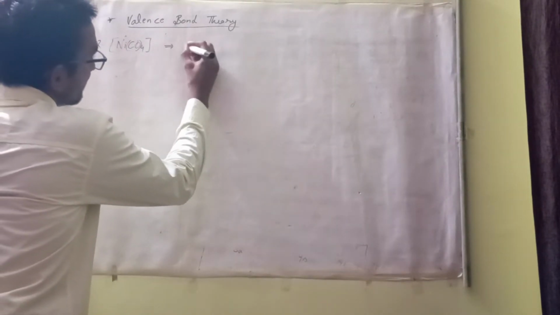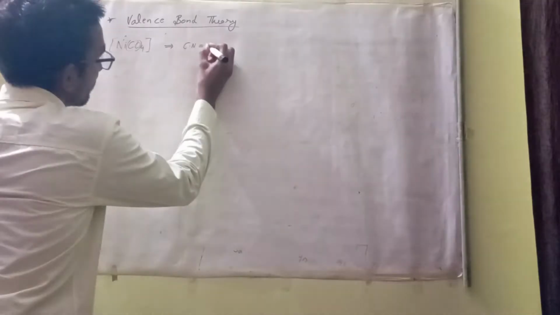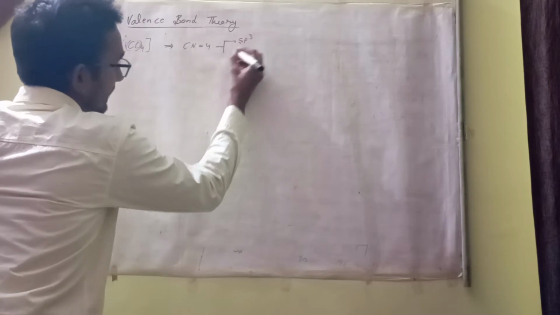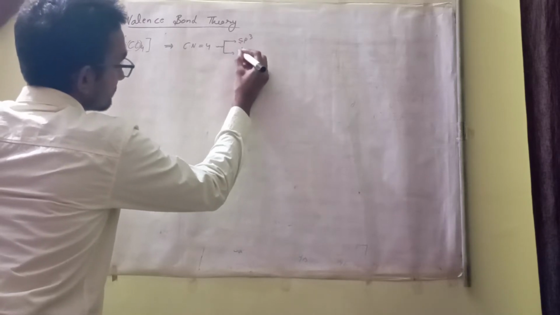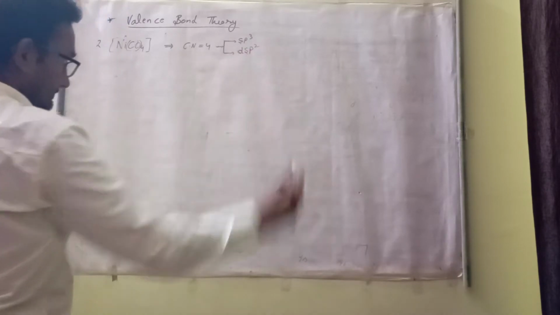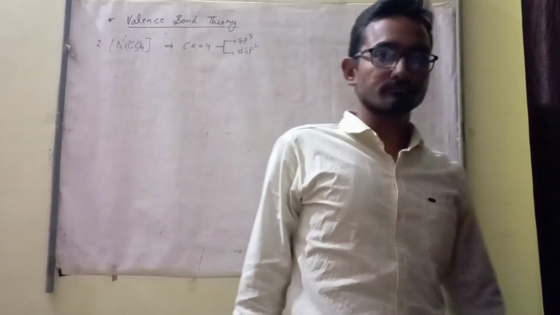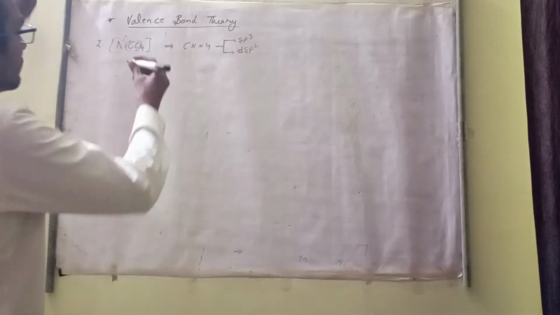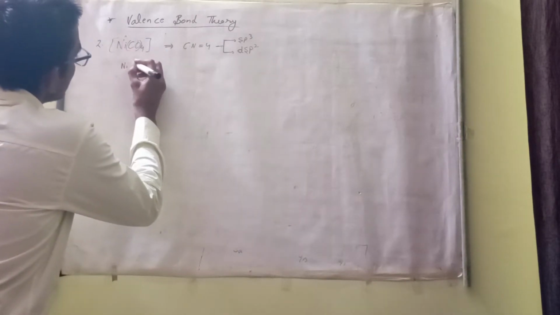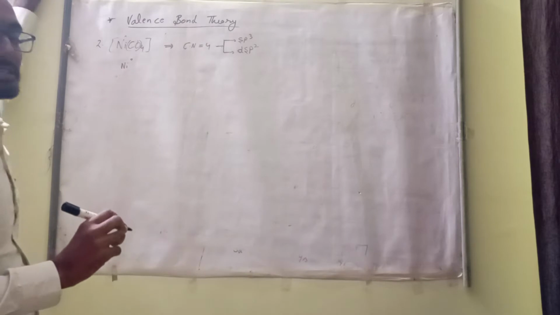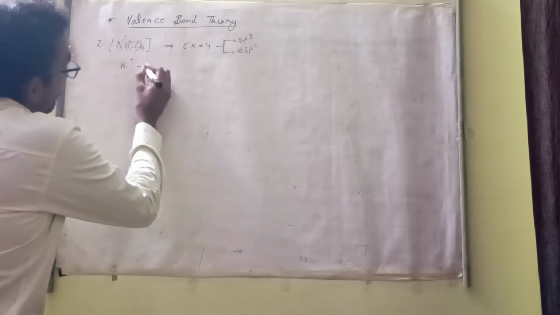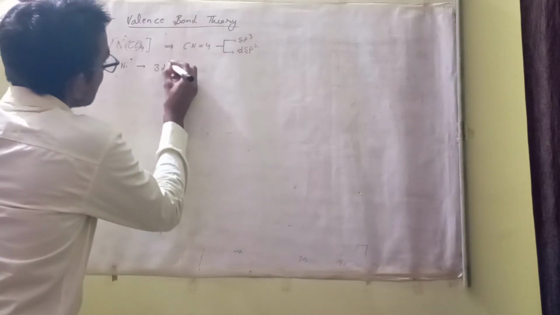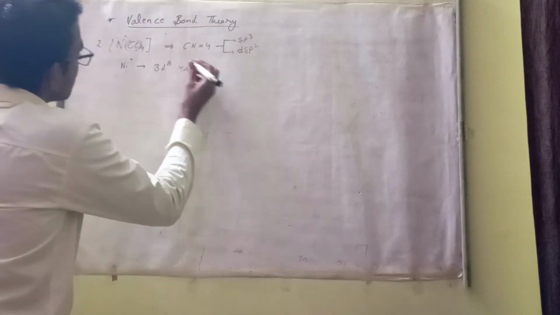Again, we observe that the coordination number of this complex is 4, so it is either sp3 or dsp2 hybridized. Nickel is in zero oxidation state in this case. The electronic configuration of nickel 0 is 3d8 4s2.